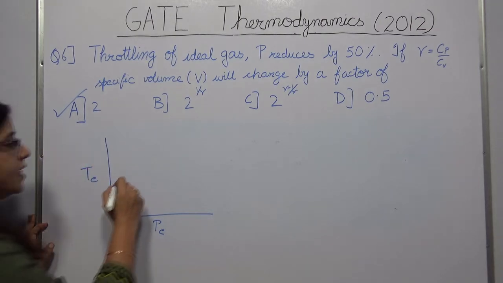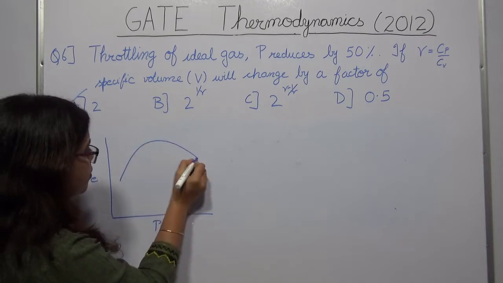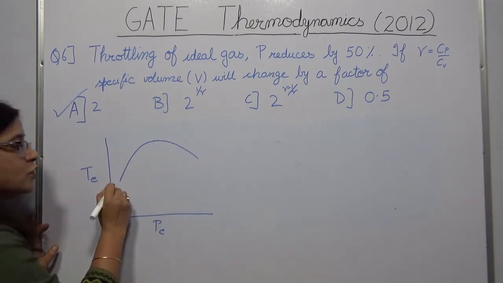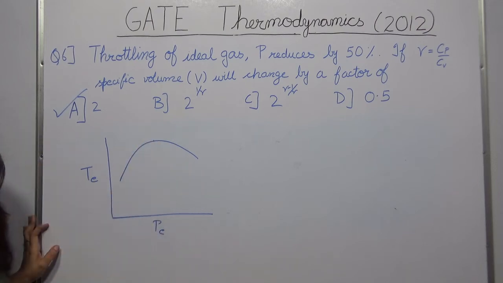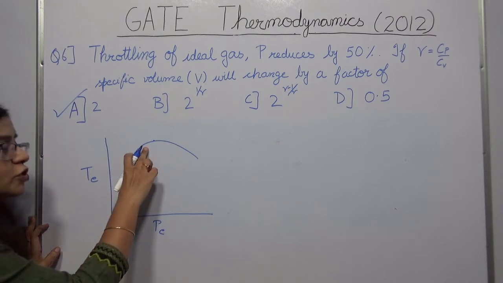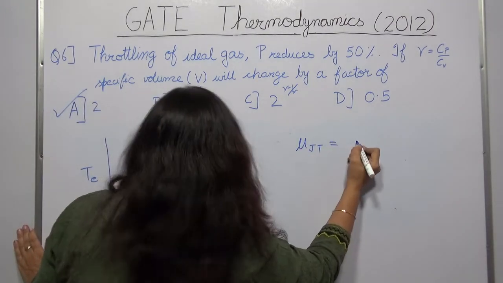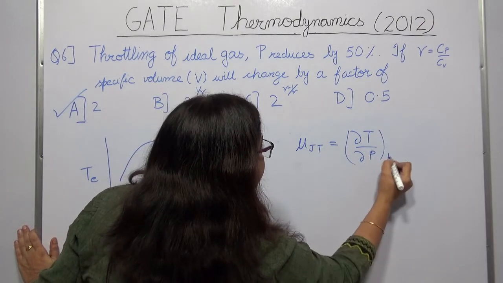In that case, I obtain isenthalpic curves which take a form something like this. Up to a certain point, your slope is positive, and after that your slope becomes negative. This is known as your inversion point, and the slope of this curve is defined as mu JT, that is, del T by del P at constant enthalpy.